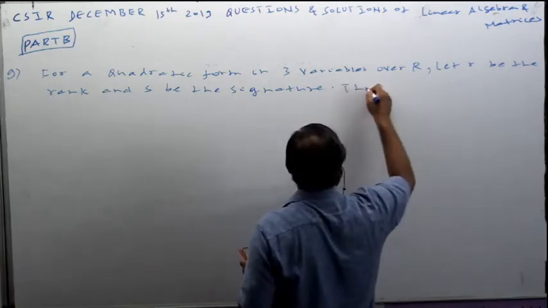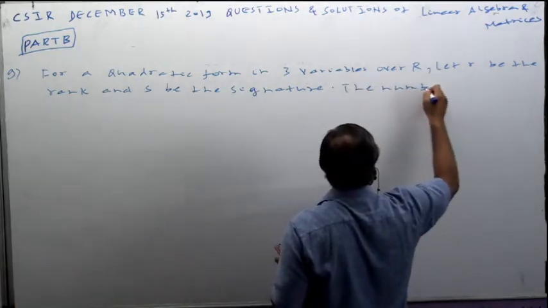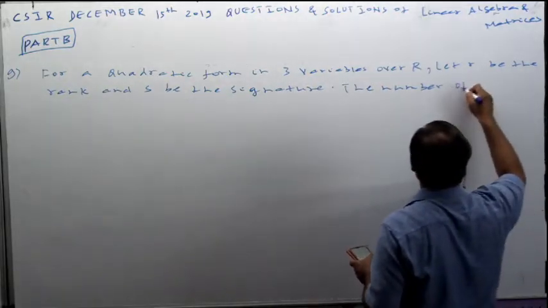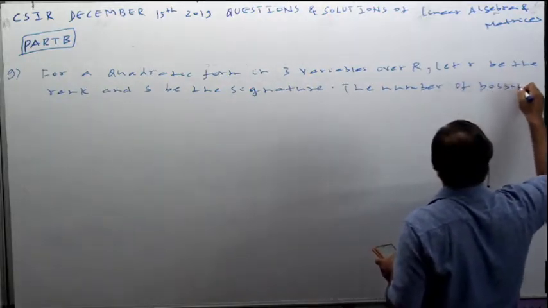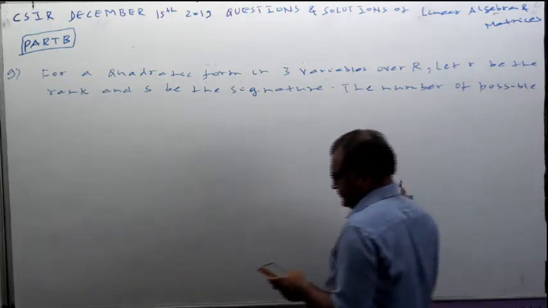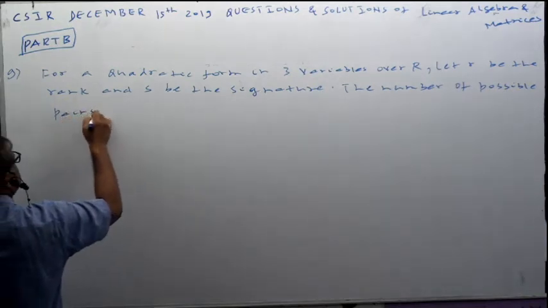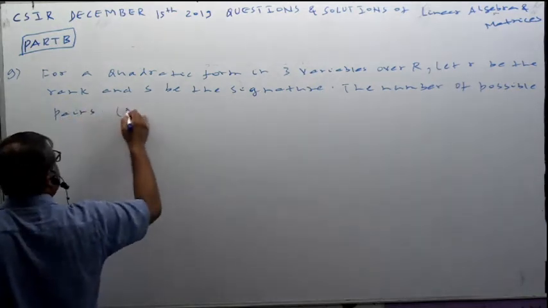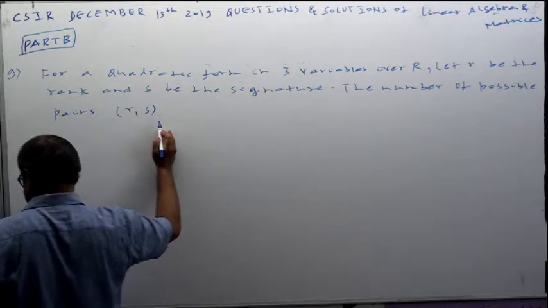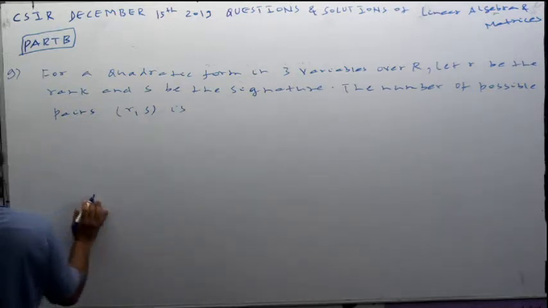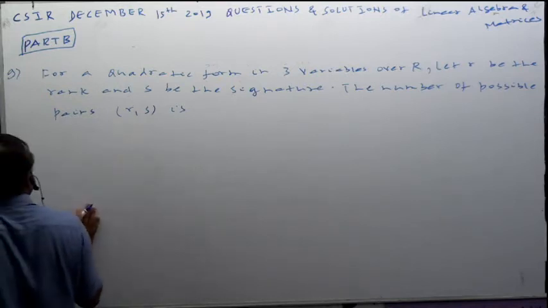The number of possible pairs (r, s) is, how many possible ordered pairs of rank and signature are there?